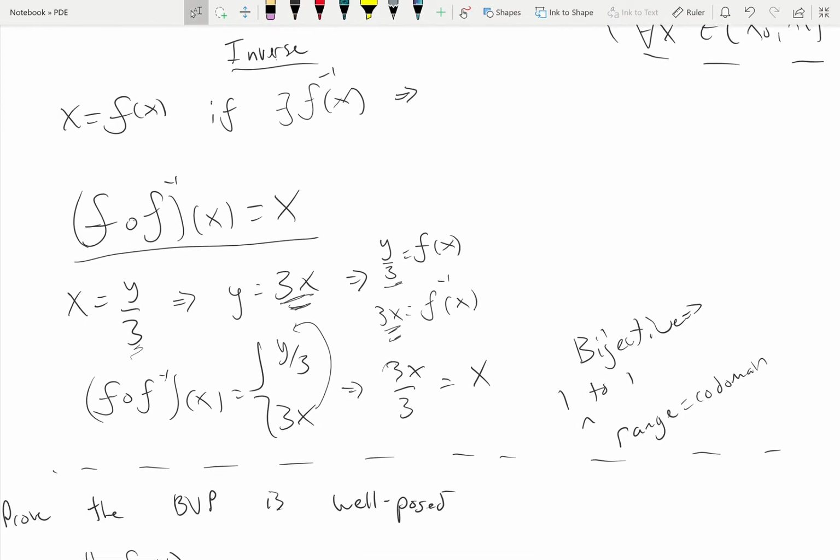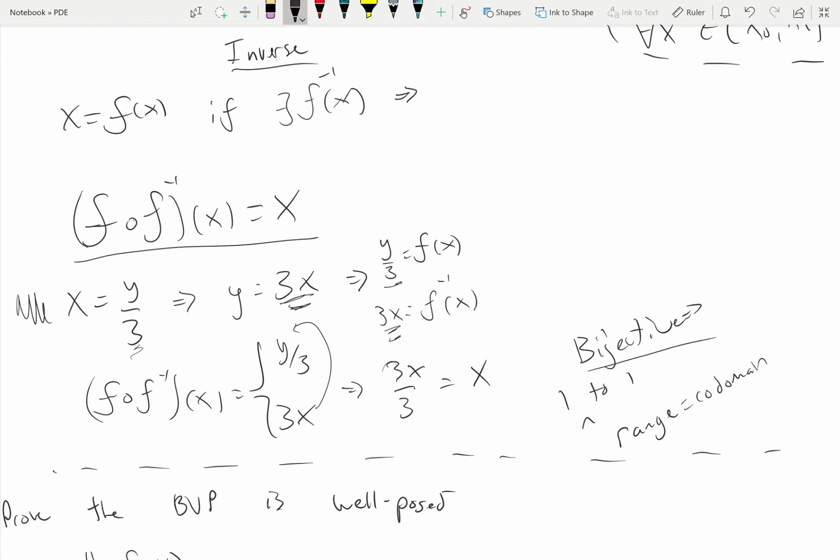Alright, so now that we talked about that, now we're going to talk about inverses. So basic algebra that you learn is that if y is equal to f of x, and if the inverse function exists, meaning it's bijective, which means one to one, the range is equal to the codomain, the composition of f with f inverse of x is equal to x. So this is a simple example.